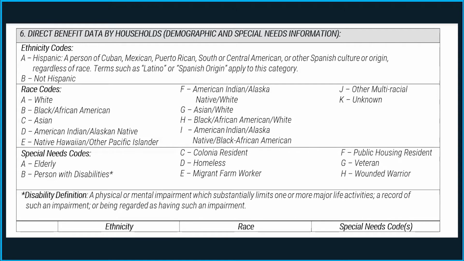A veteran is a former member of the Armed Forces of the United States who served on active duty and was discharged under conditions which were other than dishonorable. A wounded warrior is a military service member or veteran who incurred a physical or mental injury, illness, or wound coincident to their military service on or after September 11, 2001.